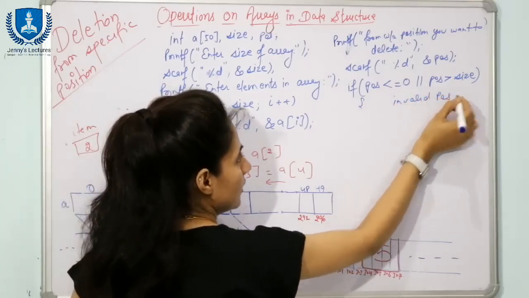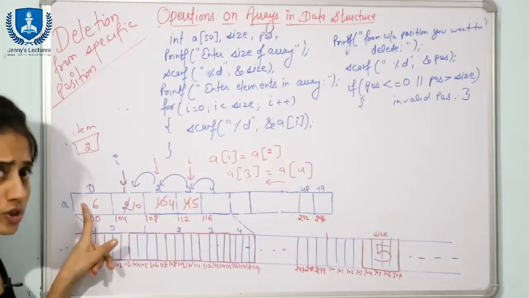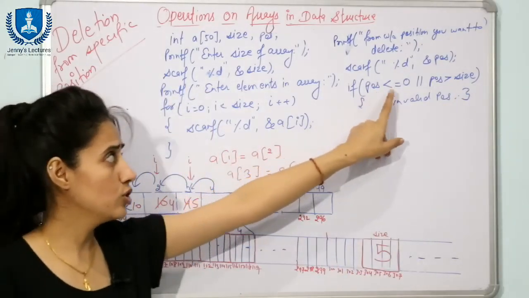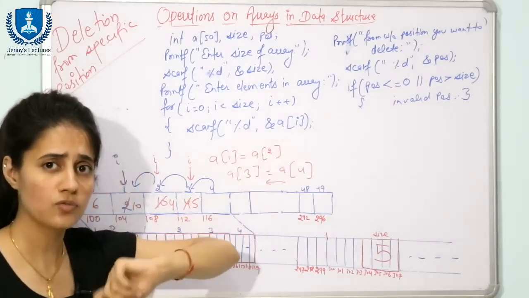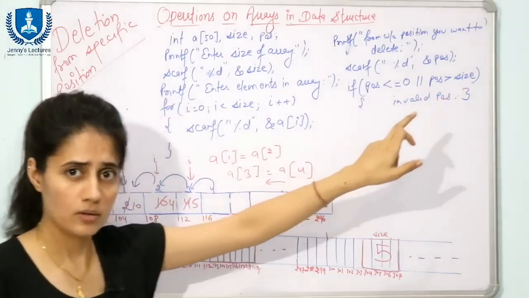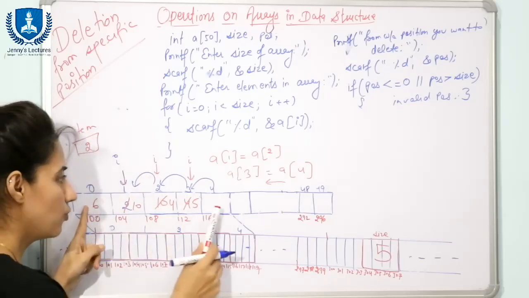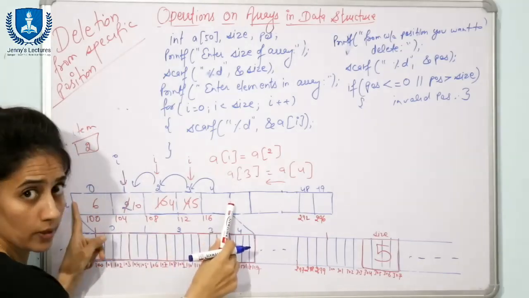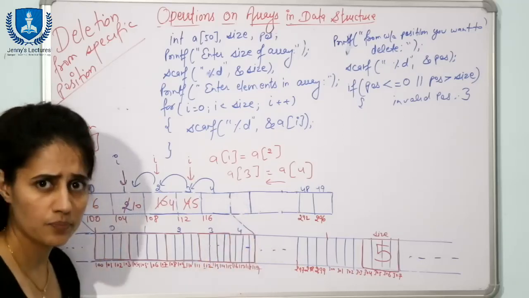See here, I am taking position to start from 1, that is why position should be greater than 0, and position should be less than or equal to size. Size is 5, so 1, 2, 3, 4, 5, this is the valid position only, right, because if you give 6, then at 6 we don't have any data, right.